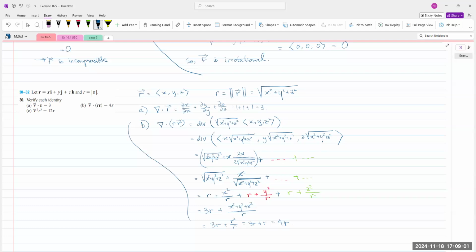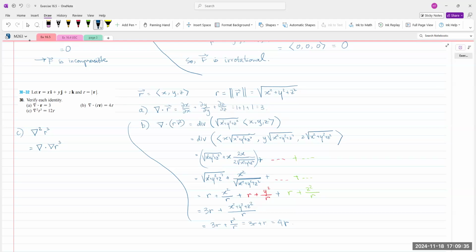Part C, we have the gradient squared r cubed. How to explain this? Gradient squared is the same as the divergence of the gradient of r cubed.